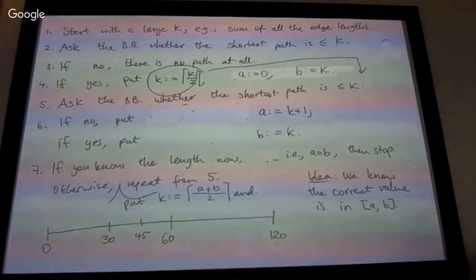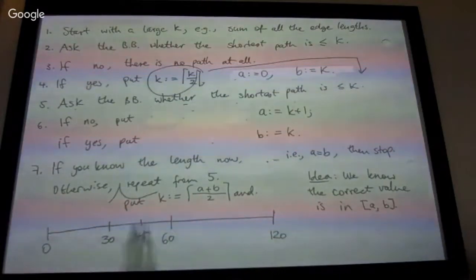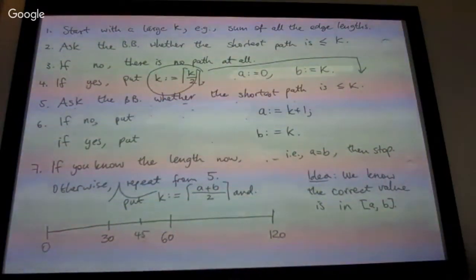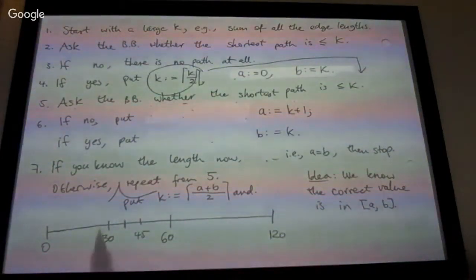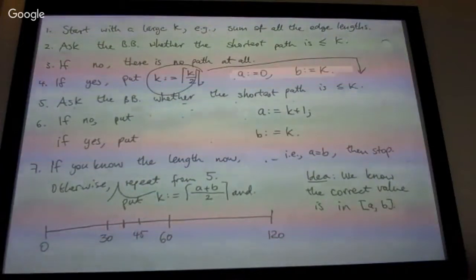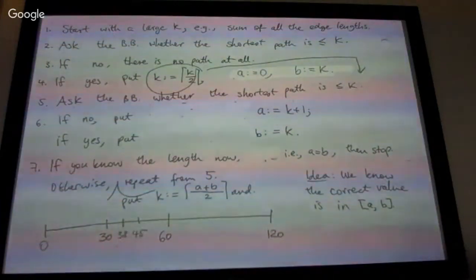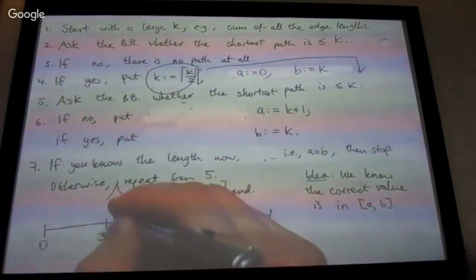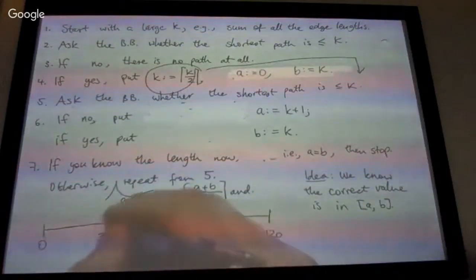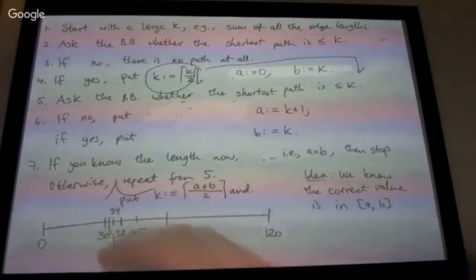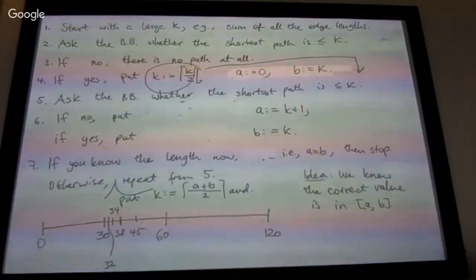Now I know it's somewhere between 30 and 60, so I'm asking about 45. And my answer is, yeah, it's at most 45. Now I know a and b, so 75 divided by 2 is 38, rounded up. This is telling me to try 38, and it's still good, so it's going to try 34, and it's still good, so it's going to try 32, and that's no longer.